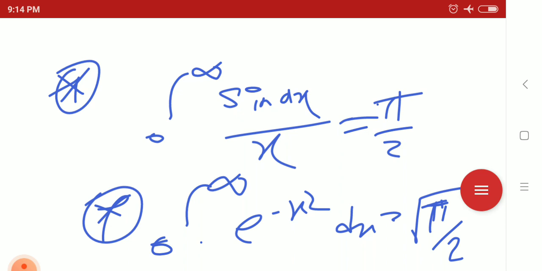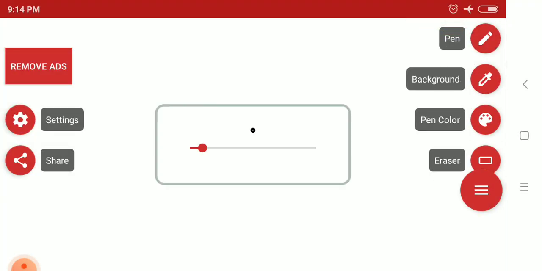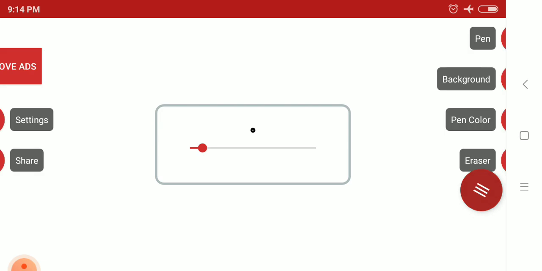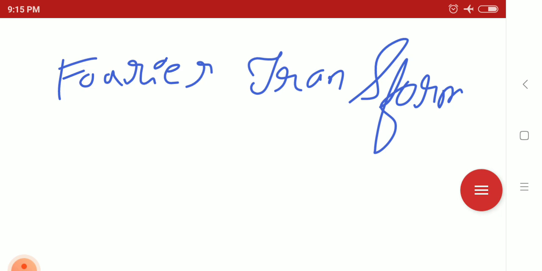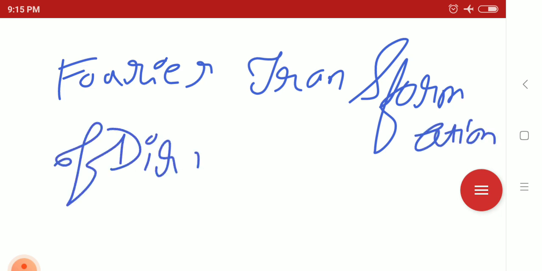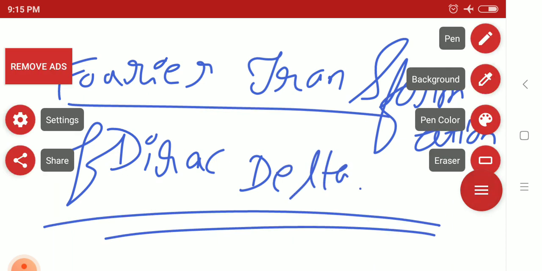Another important property we will now discuss: Fourier transformation of the Dirac delta function. Write down that property. What is the Dirac delta function?